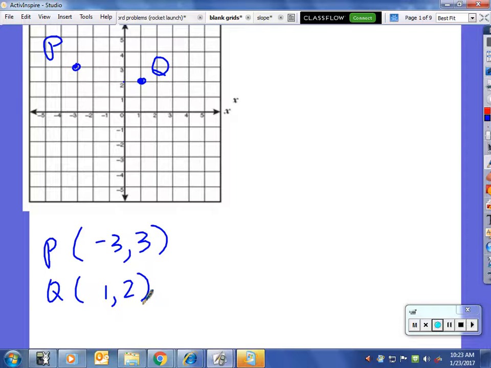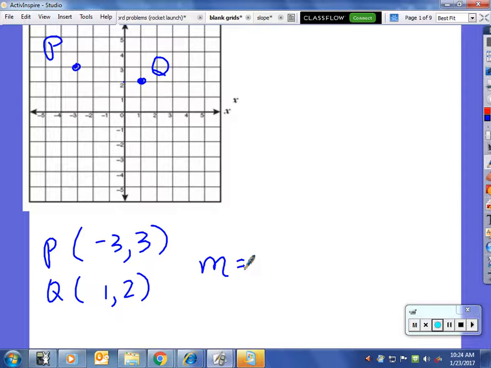Numerically, you're going to find slope. And then you're going to tell me, is it steep or flat? Is it going up or down? How would I find slope numerically here? y2 minus y1 over x2 minus x1. Pick a point, start with it, subtract the y's on top, subtract the x's on bottom.